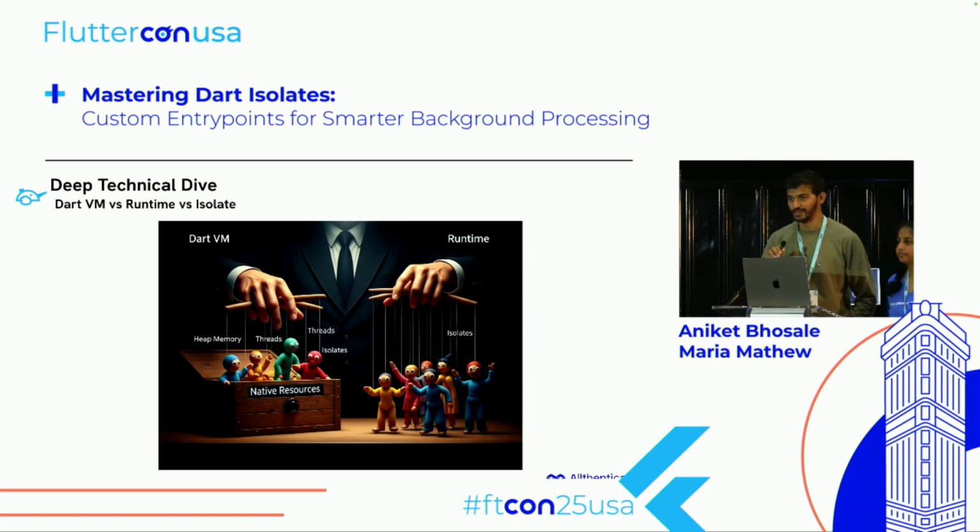All right. Just a little bit more info on how an isolate gets created. I like to think of it as a puppet master's hands, where one of his hands is the Dart VM.